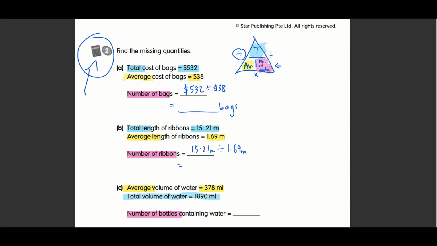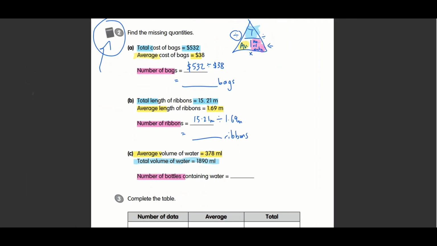I should get the number of ribbons after the division, since the average means the whole length is shared out by the number of ribbons. The last one, I have 1890 milliliters divided by 378 milliliters, and I get the answer as the number of bottles. With this, you should be able to use the calculator to solve them.